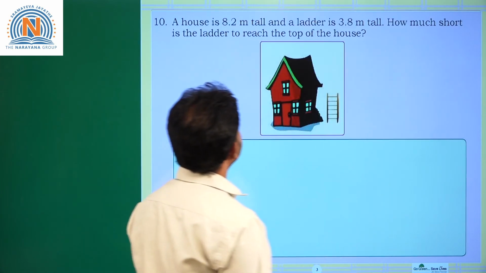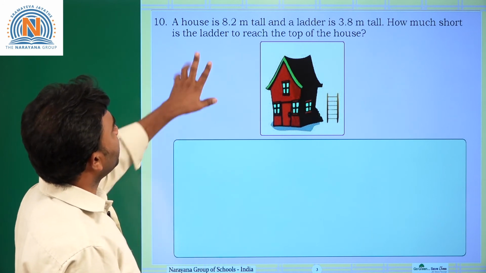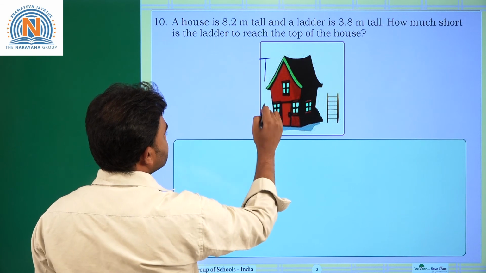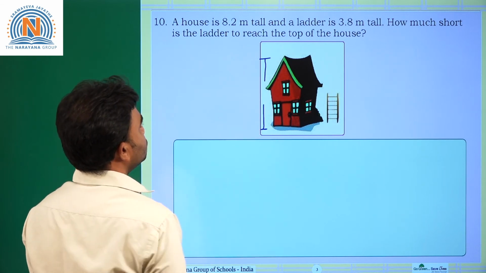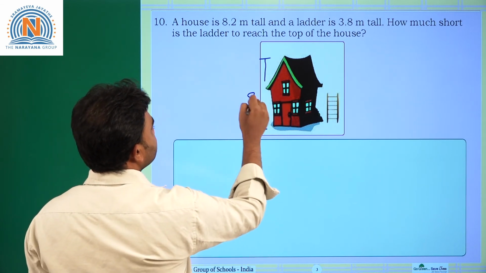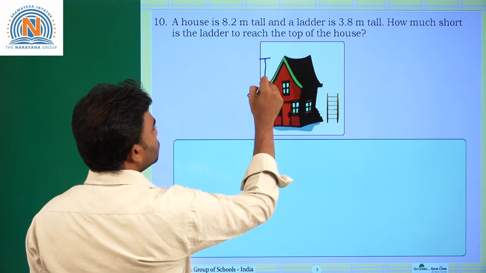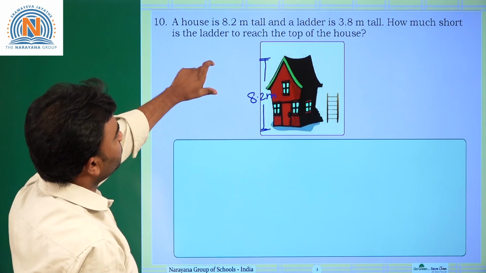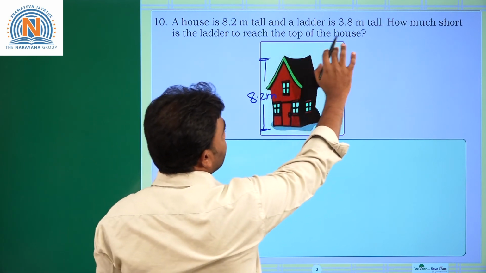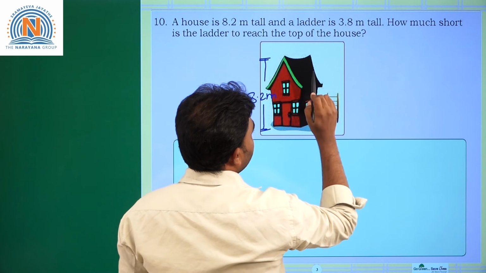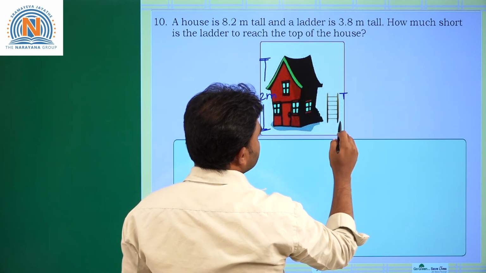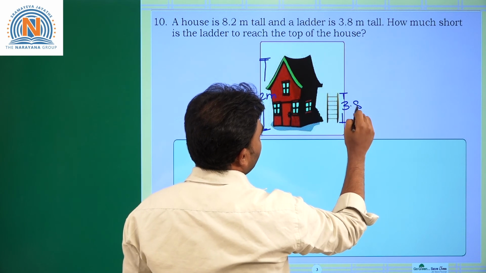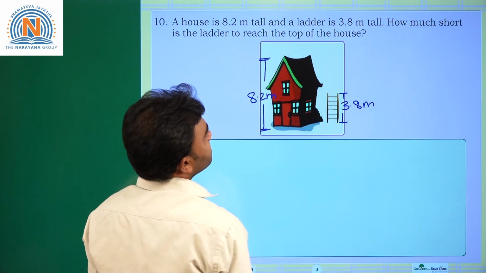Next one: a house is 8.2 meters tall. The height of the house is 8.2 meters. From here to here, the length is 8.2 meters, and a ladder is 3.8 meters tall. The length of the ladder is 3.8 meters.